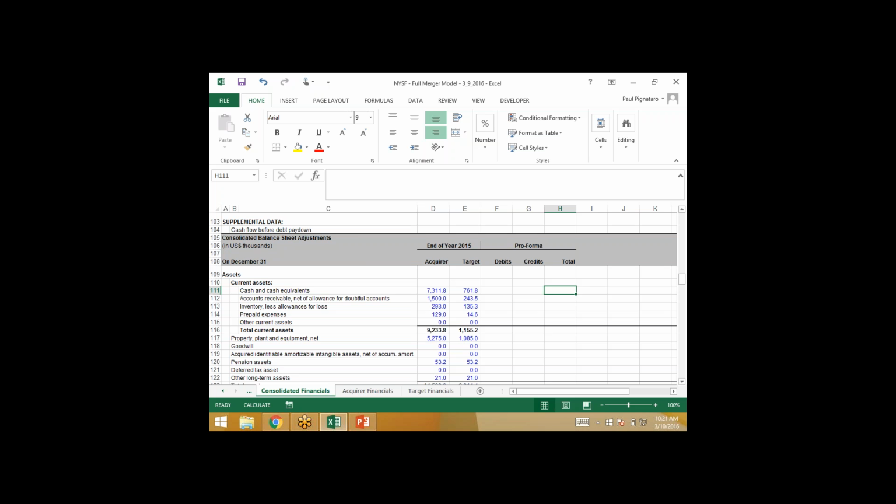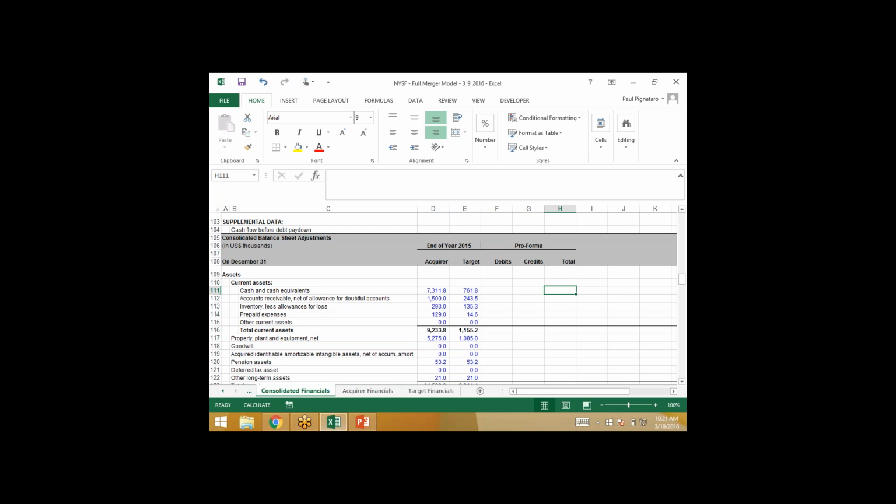You guys got that? Okay, then we want to set up the total column to be able to handle the adjustments that we're going to make.